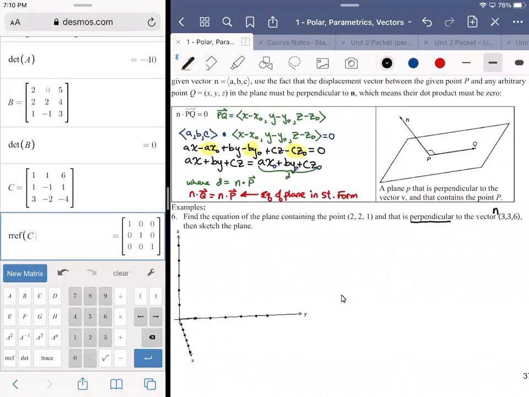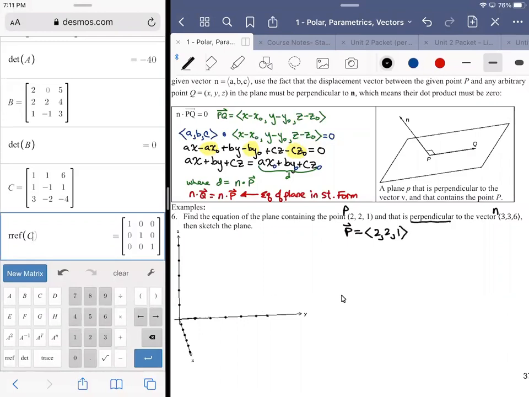All right. So then the other piece is addressing the concept of the given point. That given point is point P. So point P corresponds to vector P, which would be 2, 2, 1.